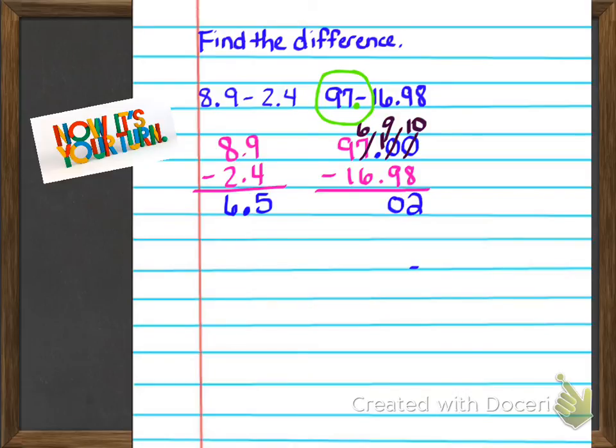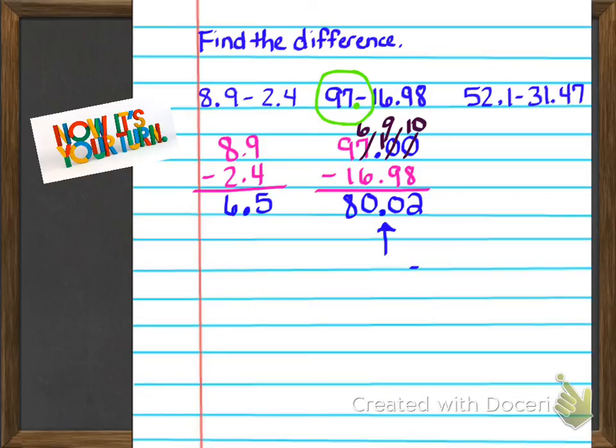Then I've got 6 minus 6, these two guys right over here, gives us a 0 again. And then a 9 minus 1 gives us an 8, and slide down your decimal point. Notice how all my decimals are lined up on this problem. So your answer is 80 and 200ths.